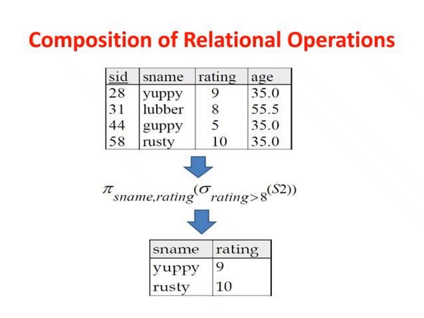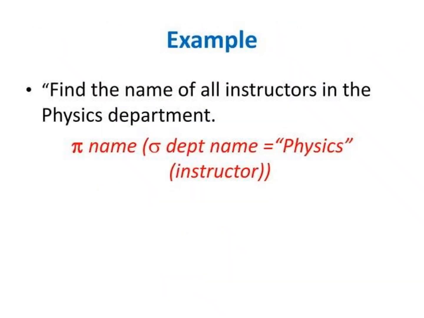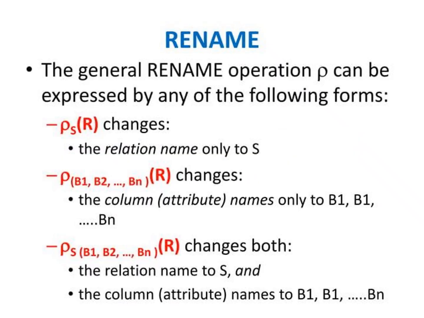So there will be two results, Lubber and Rusty. Another example: find the names of all the instructors in the physics department. You use projection pi name and selection sigma department name equal to physics on the instructor table.